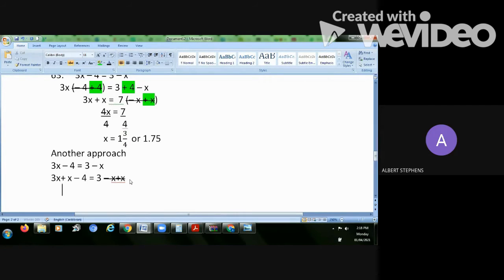Now 3x plus 1x will give you what? 4x. Right? And then this negative 4 pairs up. You add 4 to the left, you add it to the right.